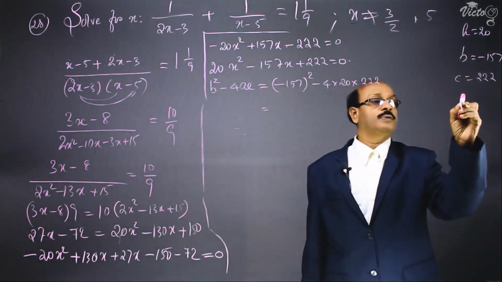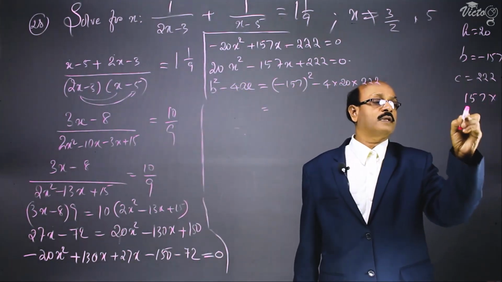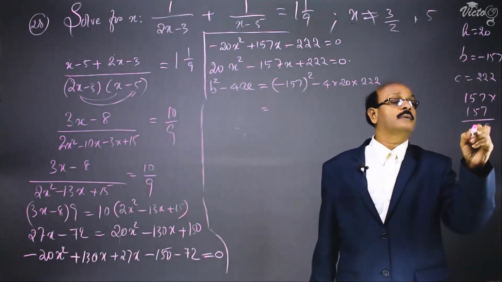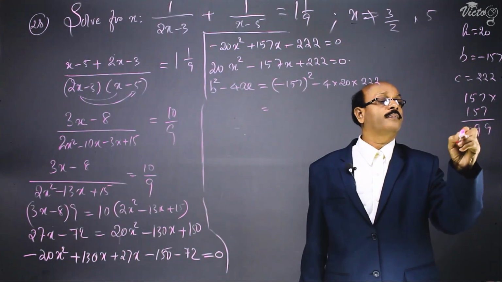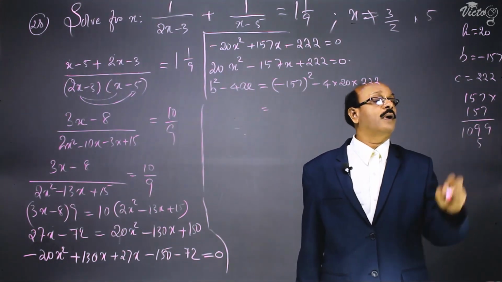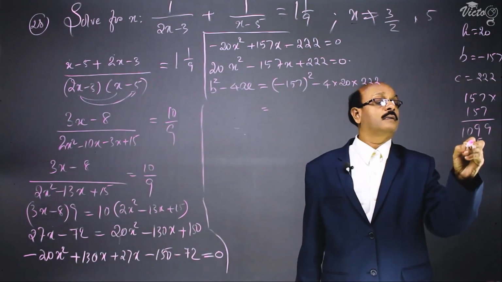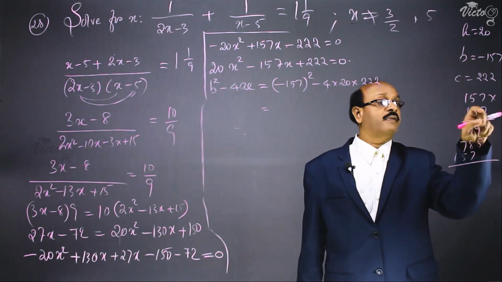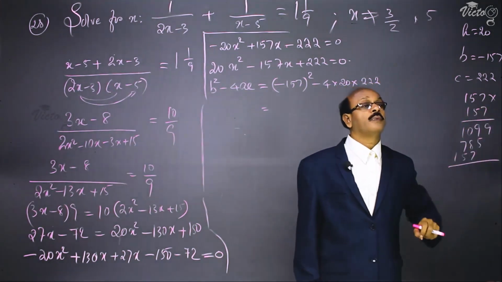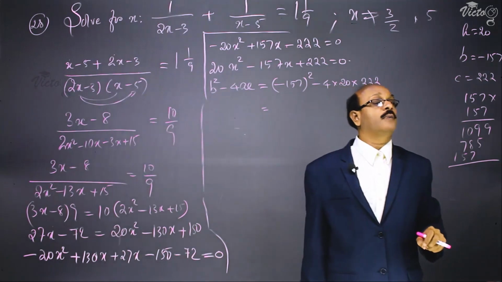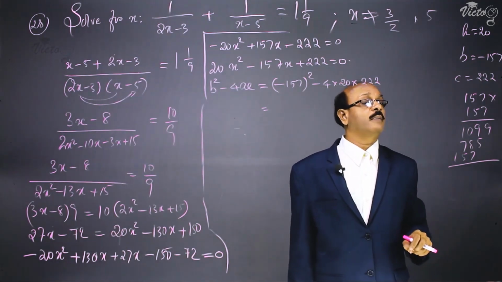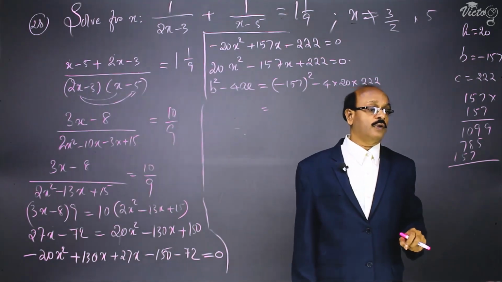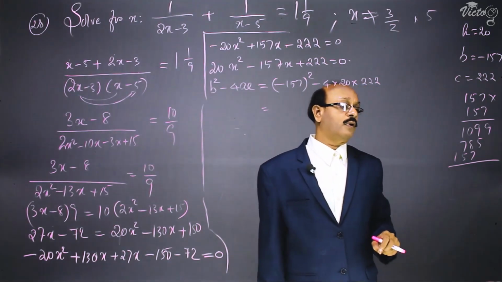157 square is equal to 157 into 157. 7 sevens are 49, remainder 4. 7 fives are 35 plus 4, 39, remainder 3. 5 sevens are 35, remainder 3, 5 into 5 is 25 plus 3, 28. 5 into 1 is 5 plus 2, 7.